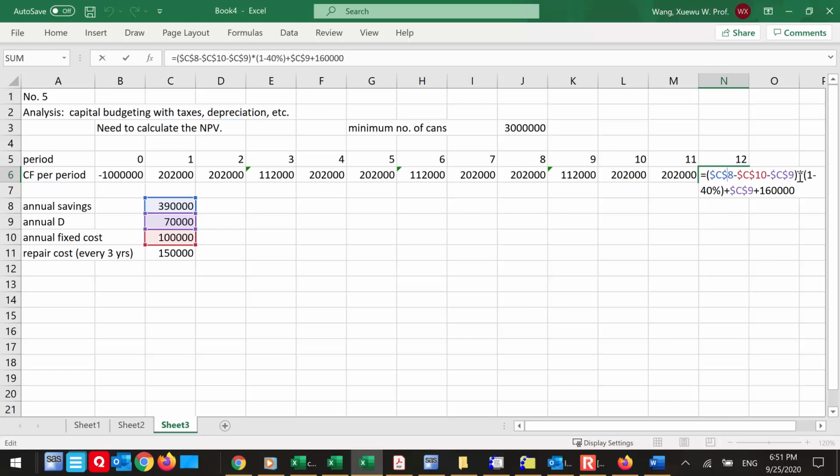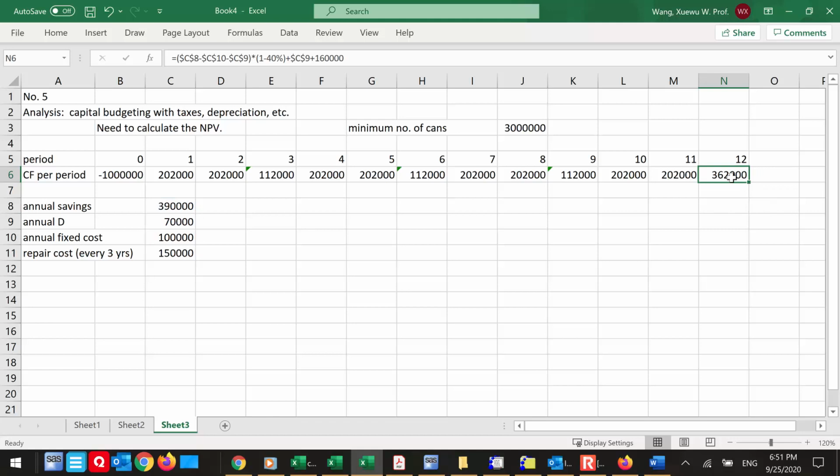So here I'm going to assume there's no need to repair the machine at the end of year 12. All right, so if that's the case, then look at what I'm doing here. I look at the $390,000 savings minus the annual depreciation, minus the annual fixed costs. All right, so there's no every 3 year repair cost at the end of year 12. All right, and then I pay tax and I put back depreciation, and I pick up the terminal value.